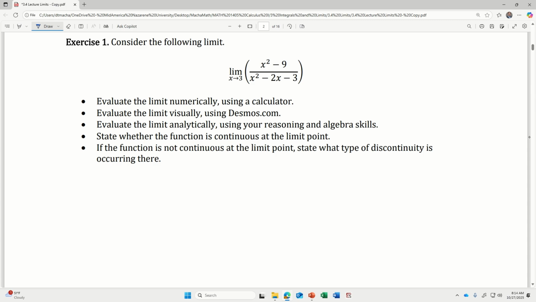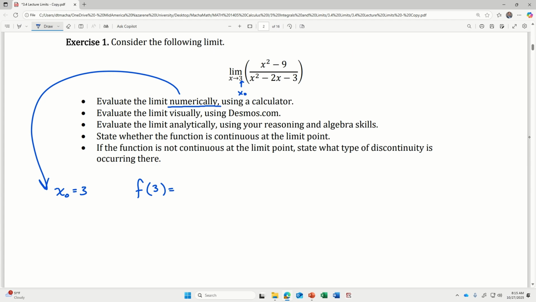So what does it mean to evaluate the limit numerically? What this means is my limit point here is 3. And so the first thing I would try to do is find out what is the value of this function at 3.